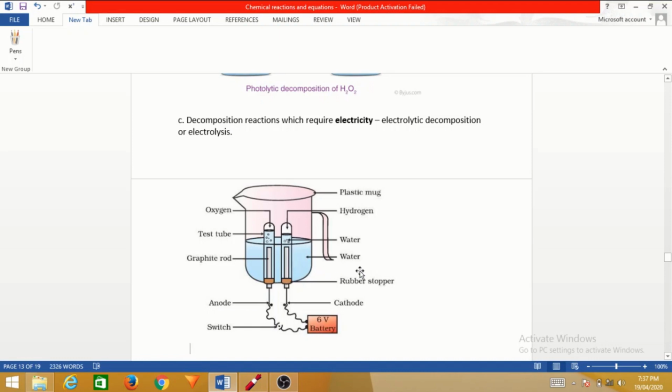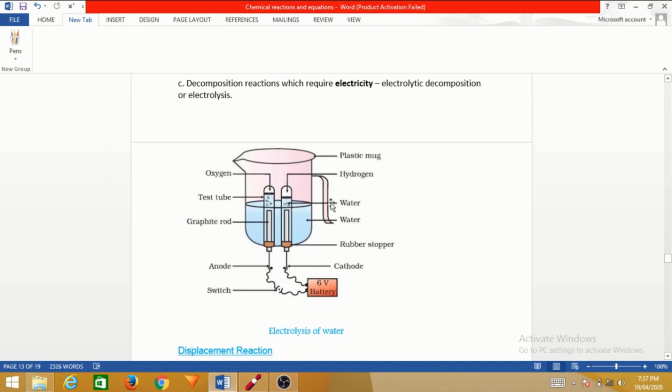One is cathode, another one is anode. When water breaks, means decomposition reaction of water in presence of electricity, we will get H2 and O2 at different electrodes. So these are the three types of decomposition reaction.